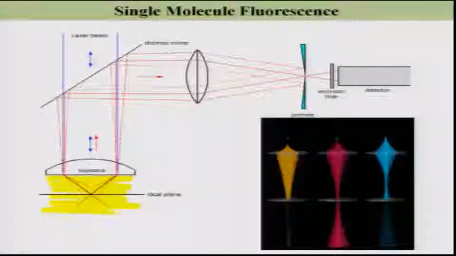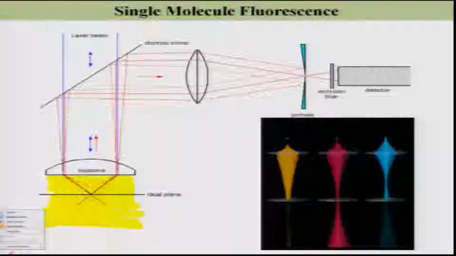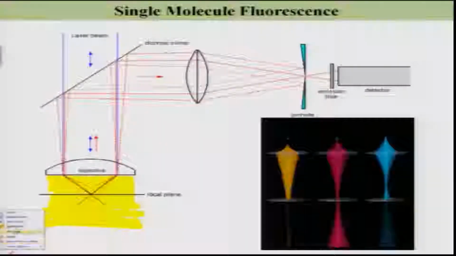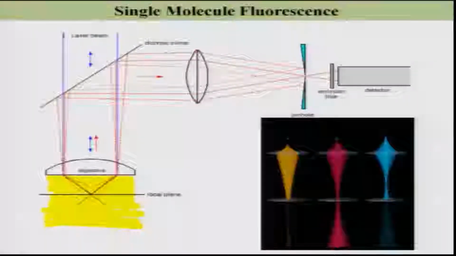If you follow this excitation light, I will take this blue color and redraw it, please follow. The excitation light is coming this way, this way, this way, and it is exciting throughout. This is the other side of the excitation light beam, and it will excite throughout.